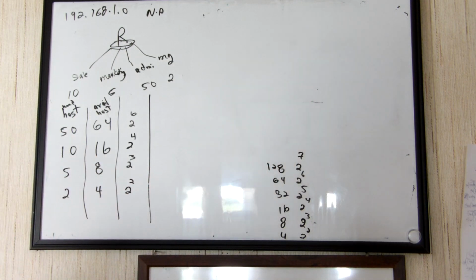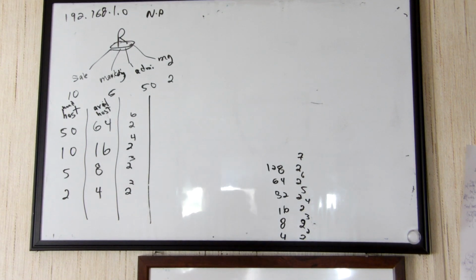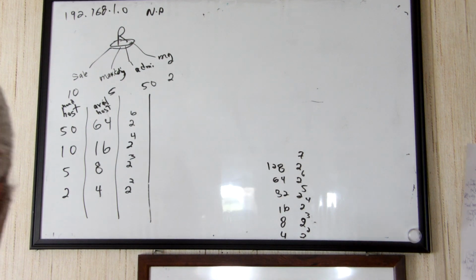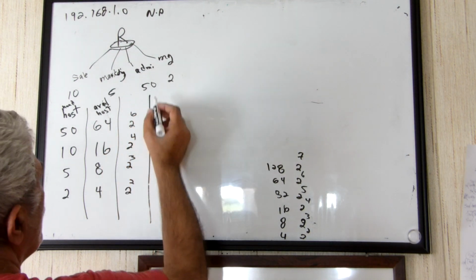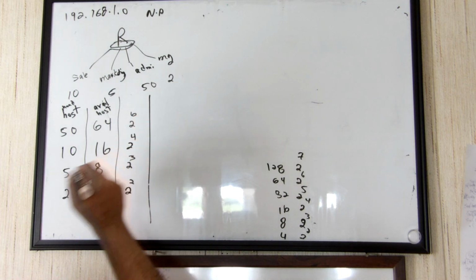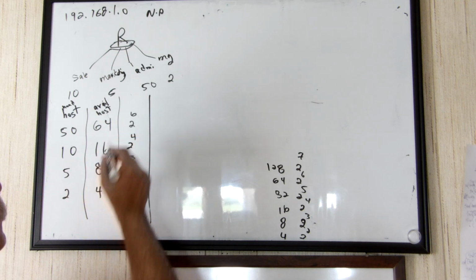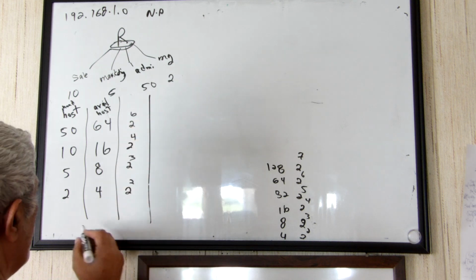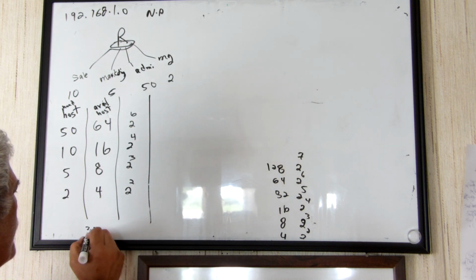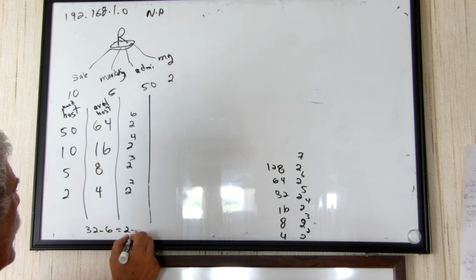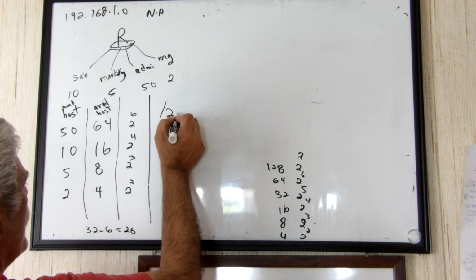So what we do, we are going to find the CIDR notation. We have 32 bits, and for 2 to the power of 6, we do 32 minus 6, which is going to be /26.